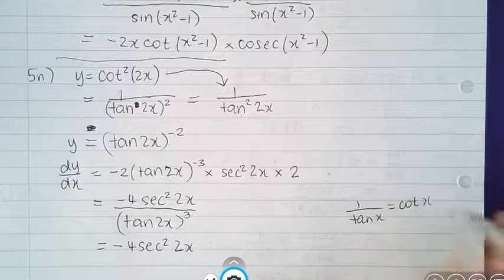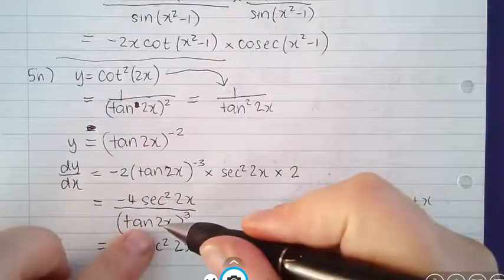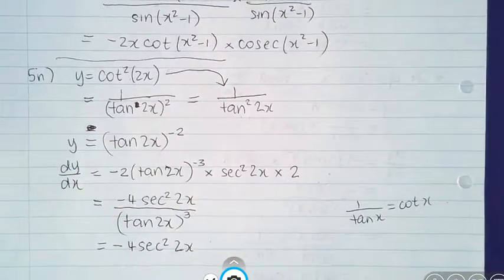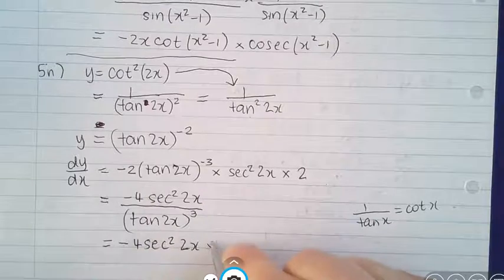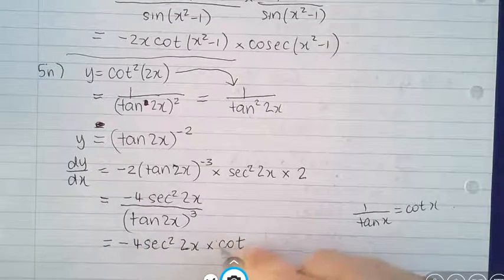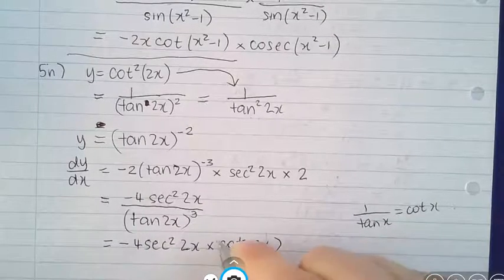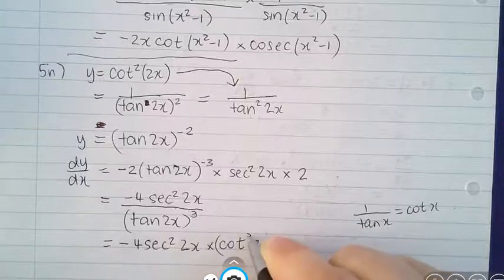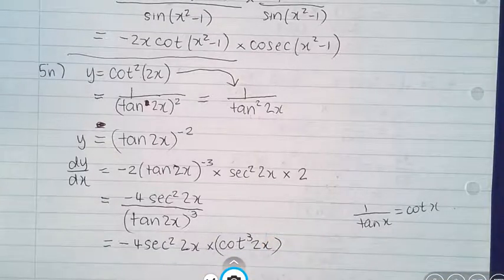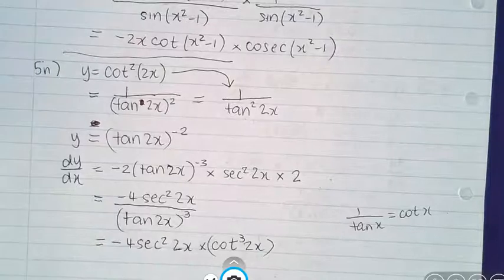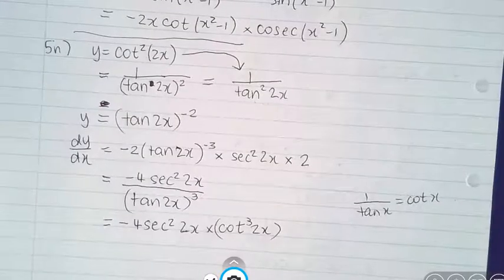Cot. So I can move that back up as a cot. So I can go times and bring it up to the numerator, cot of 2x cubed, which is cot cubed 2x. Instead of writing cot of 2x cubed on the outside, it's cot cubed 2x.